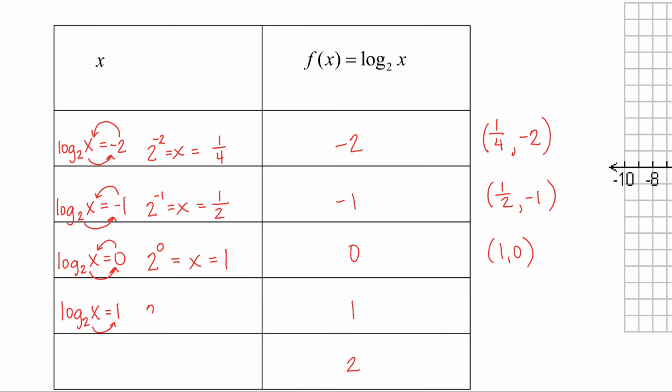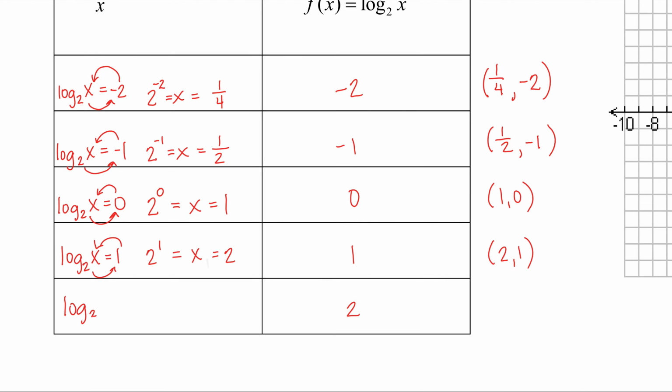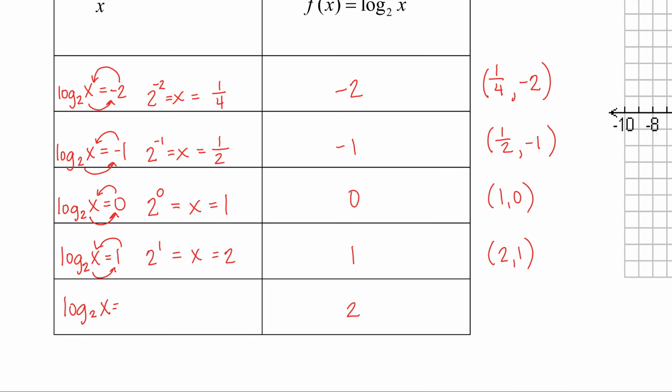Well, that's 2 raised to the power of 1 equals x. Well, that's just 2. So my answer is at 2, 1. Log base 2 of x equals 2. So that means 2 raised to the power of 2 equals x, which is 2 squared, which is 4. So I have a point at 4, 2.